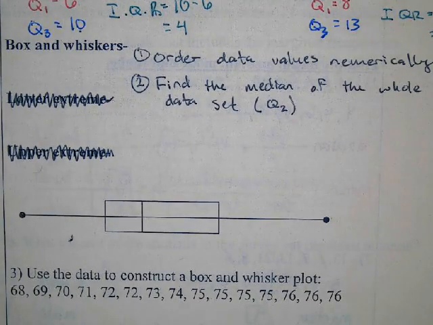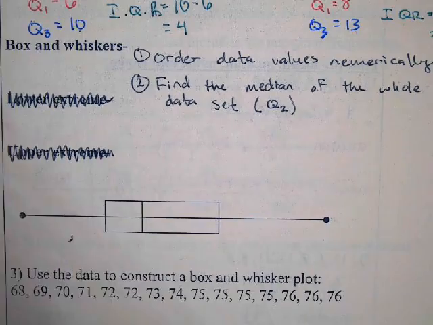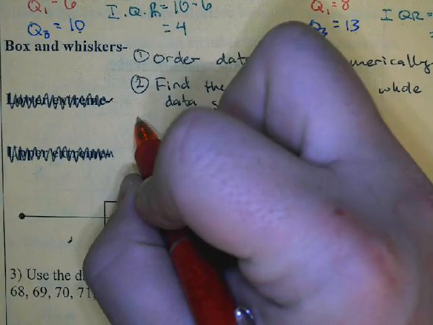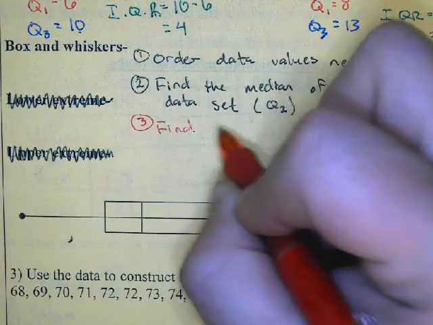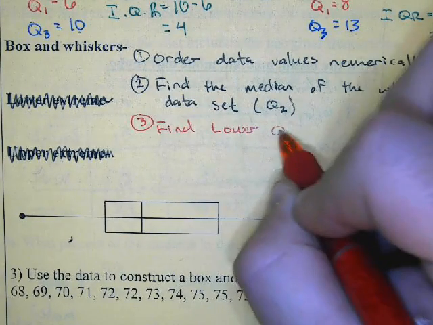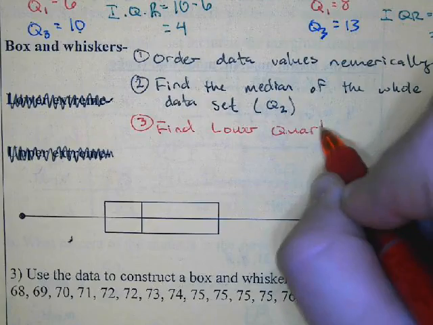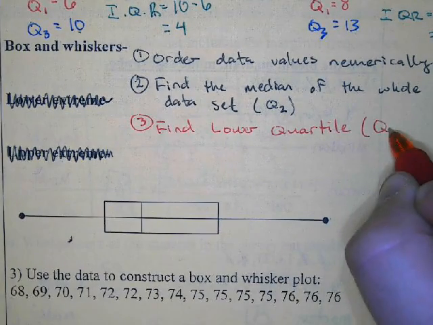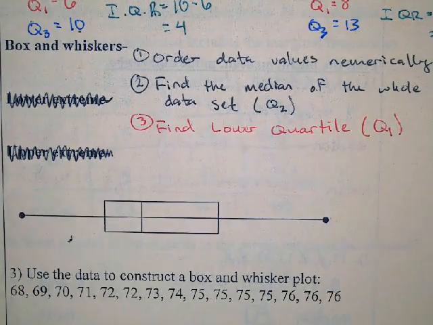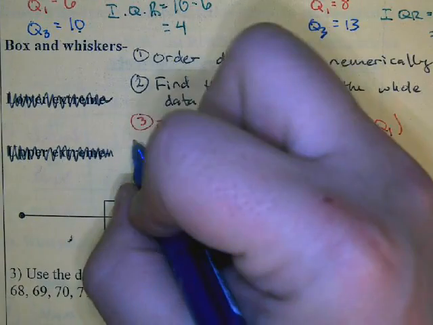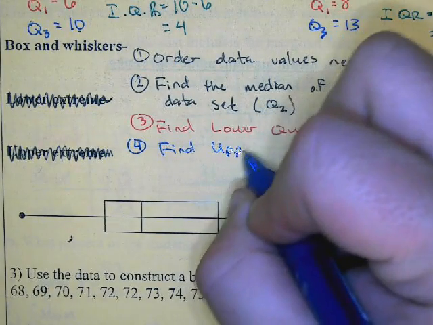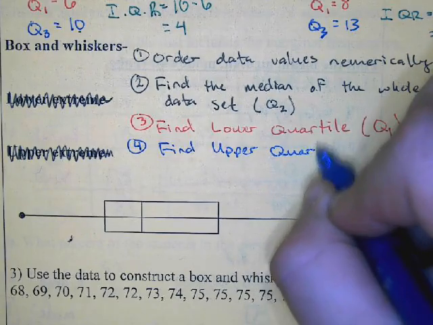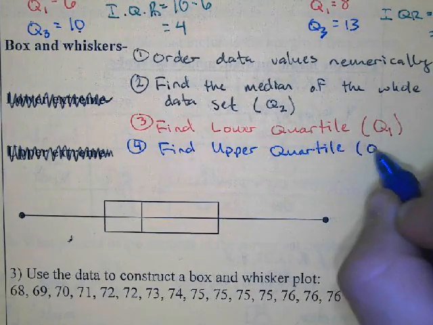Step 3 is when we start doing what we were doing from before: find the lower quartile, find the upper quartile. So step 3 would be find the lower quartile. That was our Q1. And then step 4 is find the upper quartile. That was Q3.